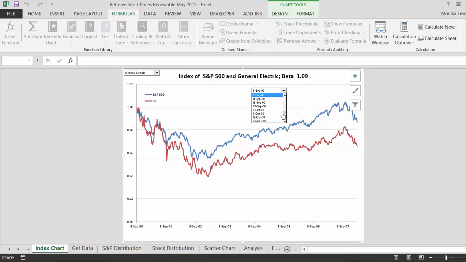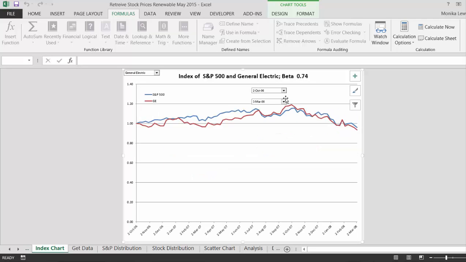Let's just look at what happened in kind of 2006 and go down to after the stock price crashed.